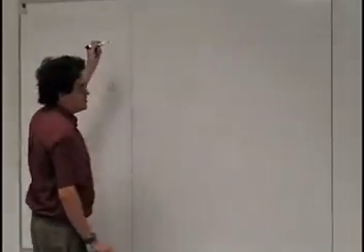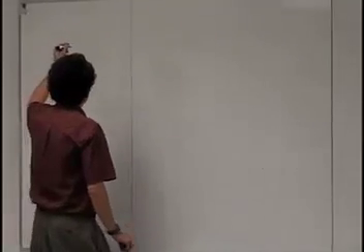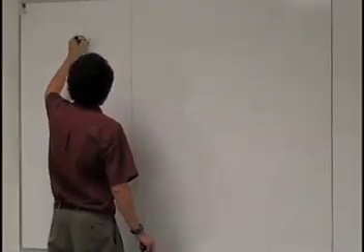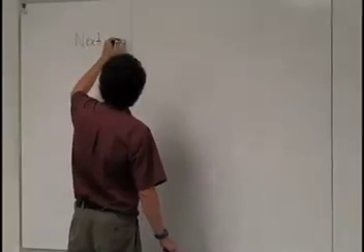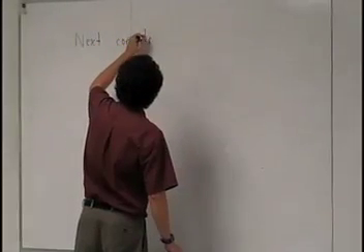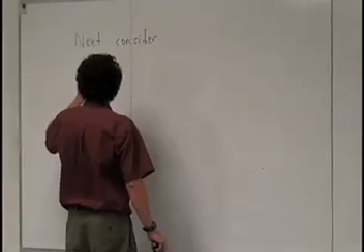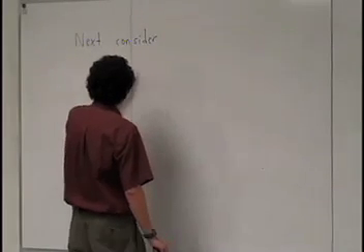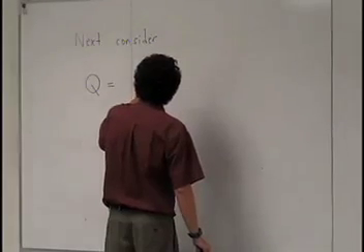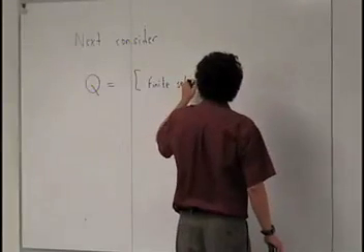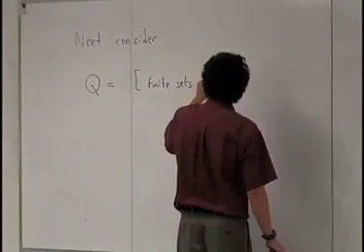But here's something else we can do. I'm going to do this in less detail: we can consider some other groupoid. Let's call it Q. This is the groupoid of finite sets equipped with a chosen subset.